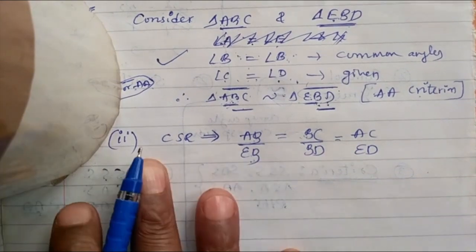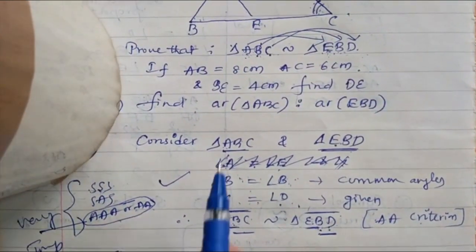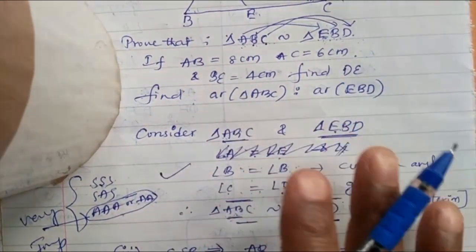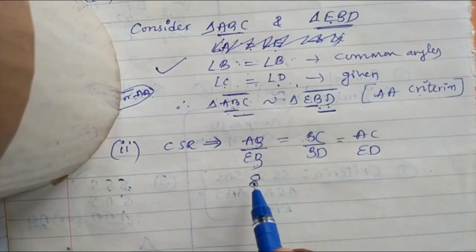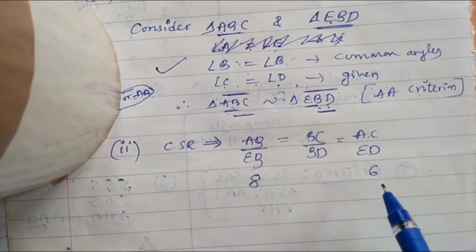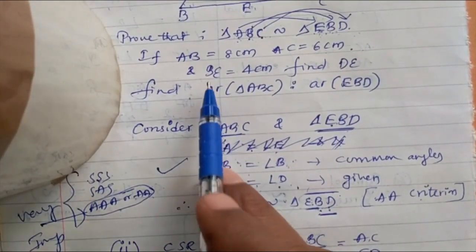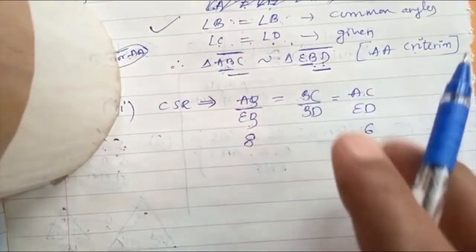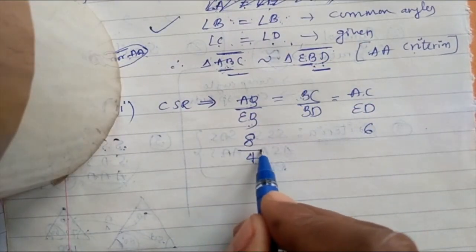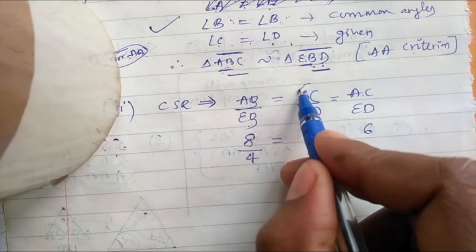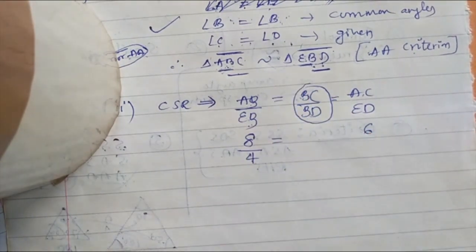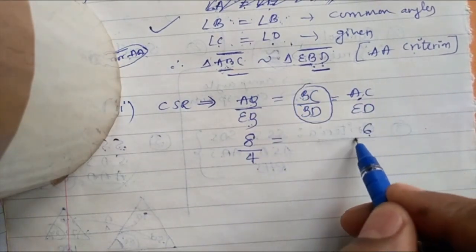Now, let us go for substitution. In the question AB is 8, AC is 6. The one more is BE, which is 4. And this part is not given at all, just leave it. AC is 6.